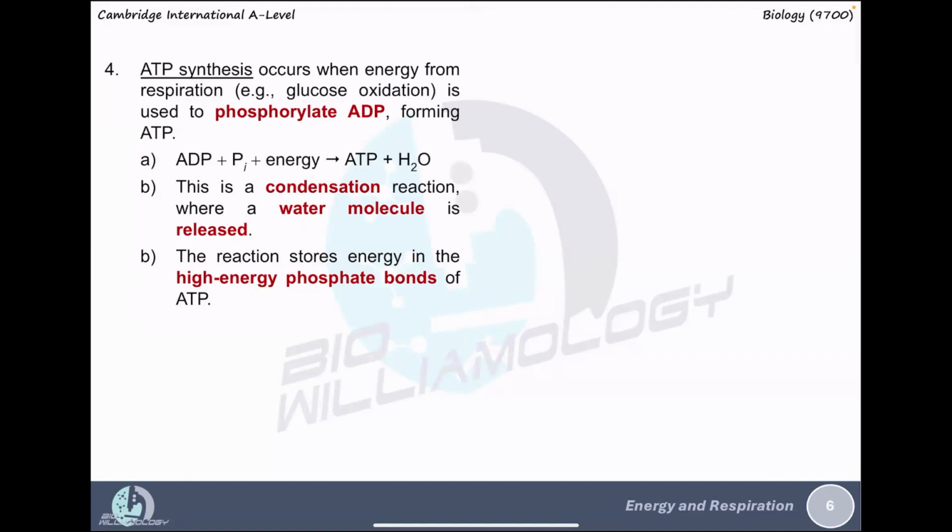The entire reaction is a condensation process: ADP reacts with an inorganic phosphate group, and with the supply of energy from the energy releasing process, ATP is formed and a water molecule is released. The reaction stores this energy in the high energy phosphate bonds of ATP.